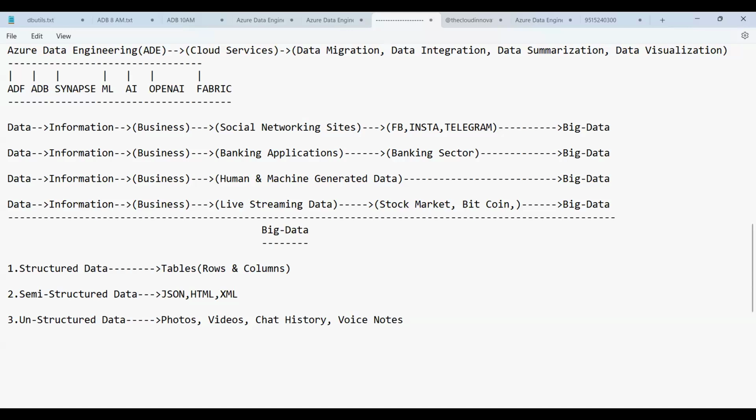These are all called as what, guys? Unstructured data.